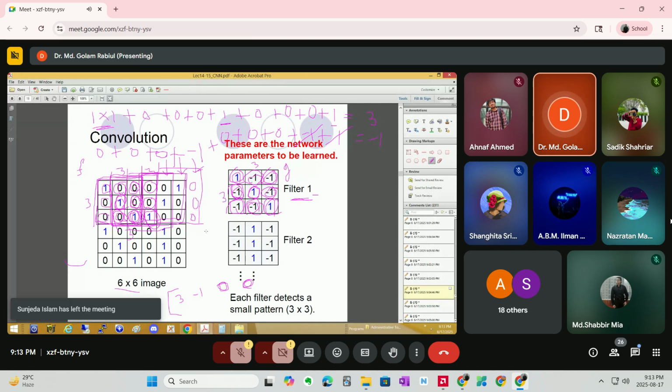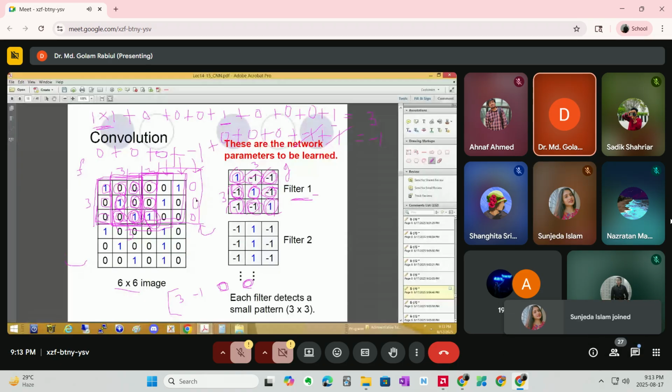If we add the zeros for our convolution operation, this is called padding. This is called zero padding. We pad this image using just zeros, that's why it is called zero padding. So we can consider the zero padding, and again after zero padding we can perform the operation.